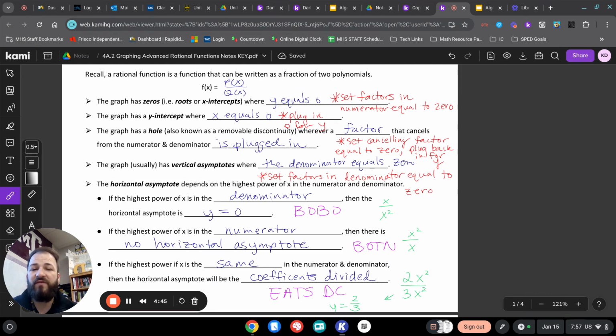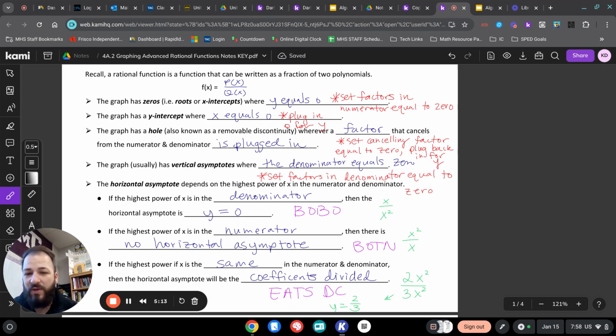But the one that I am going to focus in on is this horizontal asymptote procedure, because this is really kind of new and weird. It's really straightforward, but you do just have to remember the 3 cases, and there are 3 different ones. So the first case is that if the highest power of x is in the denominator, so that means whatever is in the bottom has a higher exponent than whatever is in the top, then our horizontal asymptote is going to end up equaling 0.